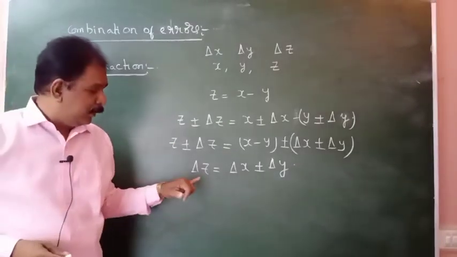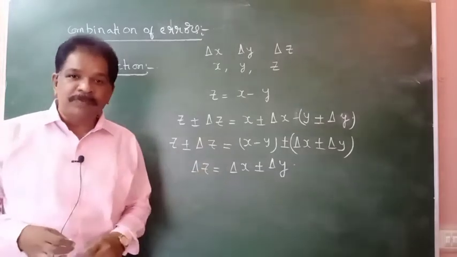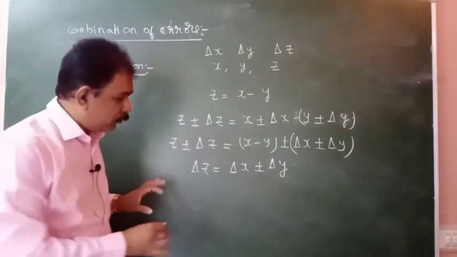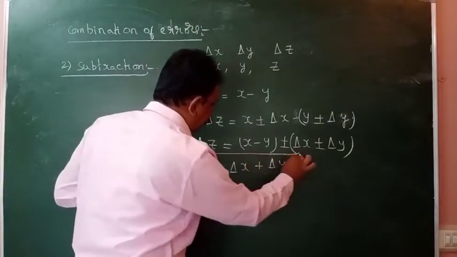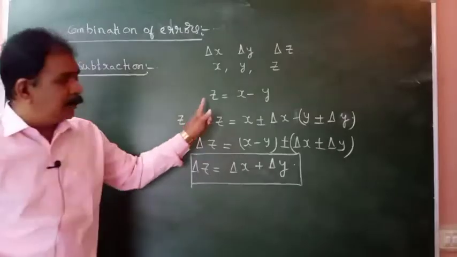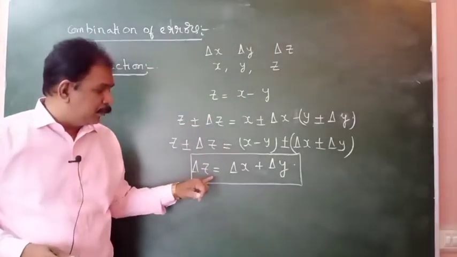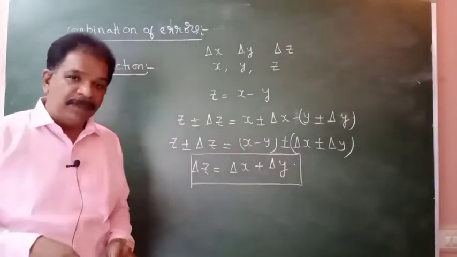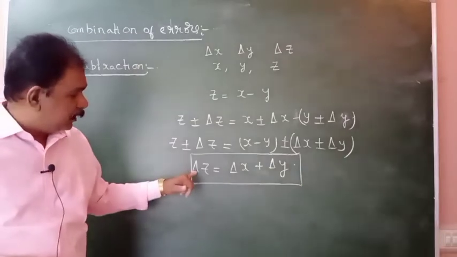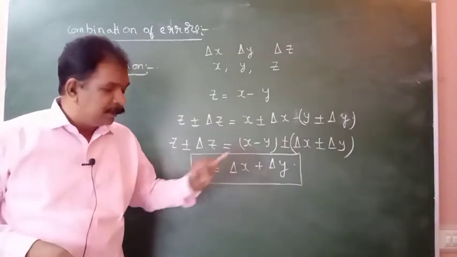So the error in the measurement of Z, delta Z, is equal to delta x plus or minus delta y. Clear? Then for the maximum possible error, here also you have to take plus only. Don't take minus, because z is equal to x minus y. Maximum possible error as delta x minus delta y will be wrong. So delta Z is equal to delta x plus delta y.